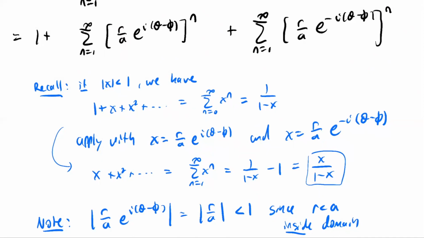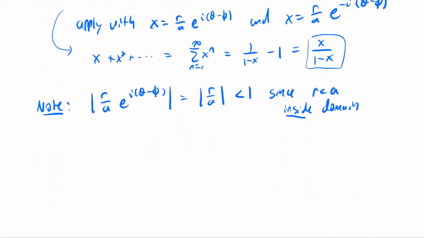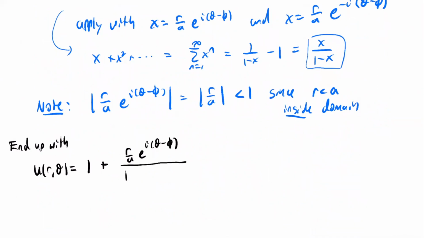So now what we'll do is just plug in these formulas, and we'll be able to evaluate both infinite sums. So we end up with 1 plus, in the first term, r over a times e to the i(theta minus phi), divided by 1 minus r over a times e to the i(theta minus phi).